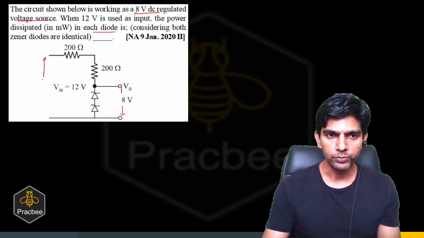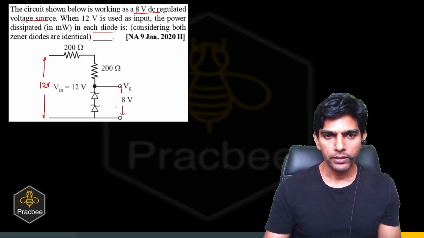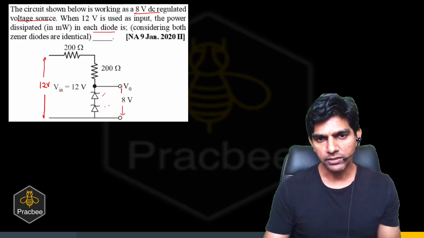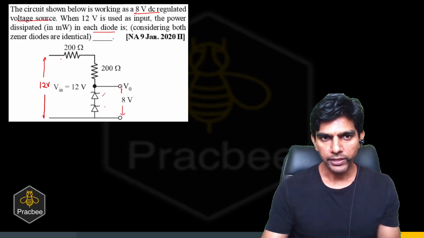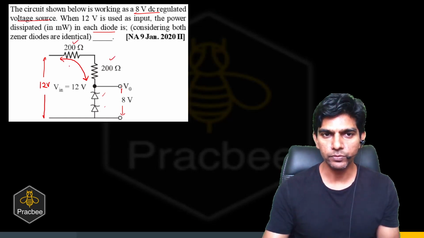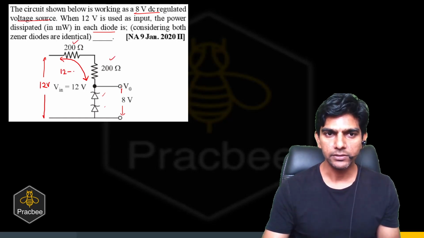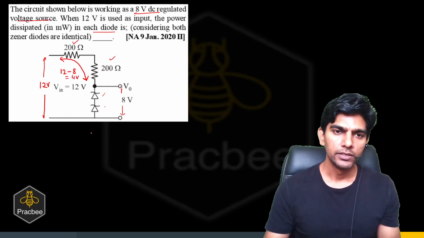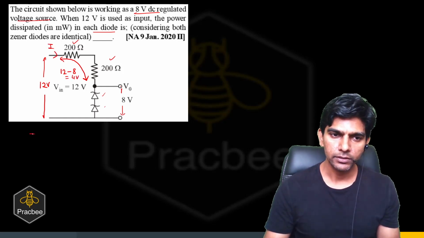If the voltage drop across these two Zeners combined is 8 volts, then the potential drop across the input resistances, 200 plus 200 in series, so 400 ohms, will be 12 minus 8, which is 4 volts. So we can say the input current will be 4 divided by 400, that will be 10 milliamperes.